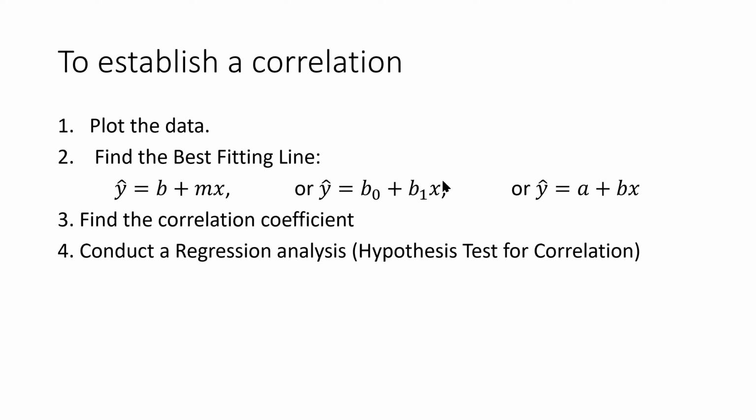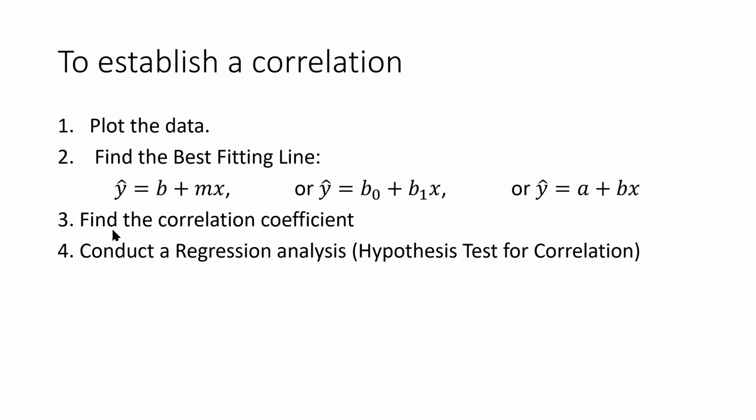The Triola book, for example, has this equation. But just keep in mind that they represent the same thing. They're talking about the straight line, and in order to describe that straight line, we need to find the y-intercept and the slope of the line.